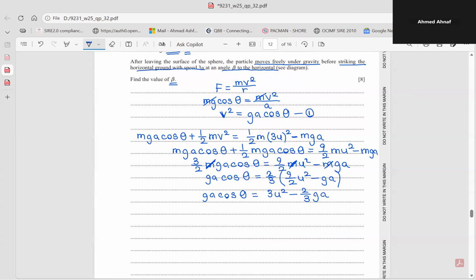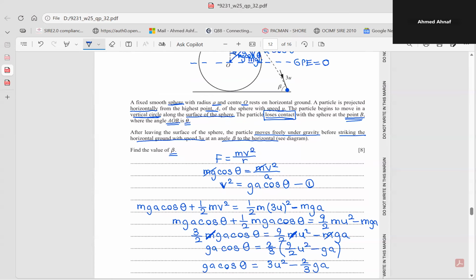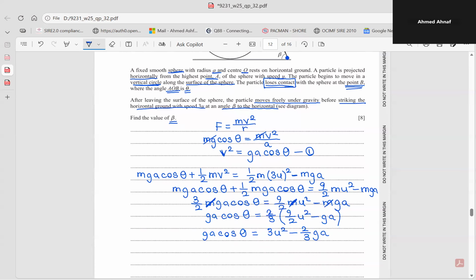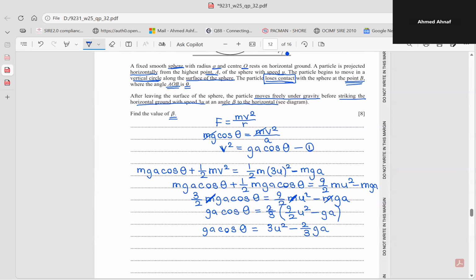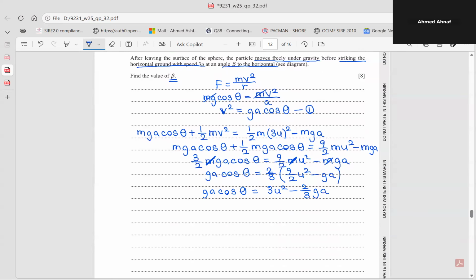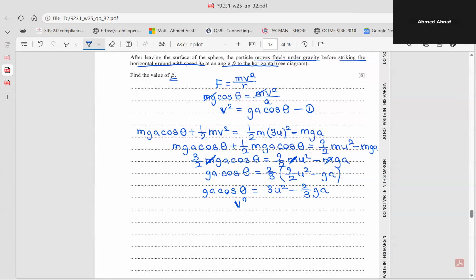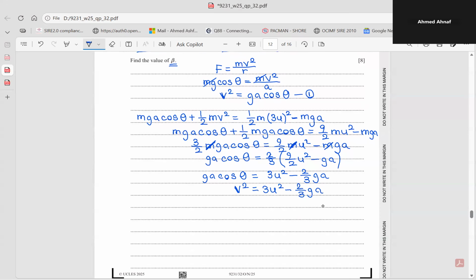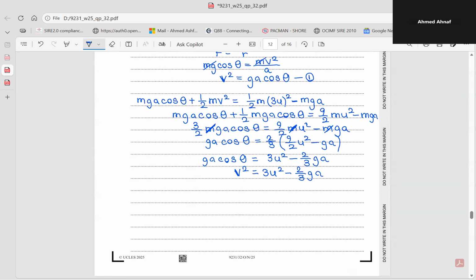So therefore V squared, unfortunately we didn't get it. Now we have a new expression for V squared, which is just 3u squared minus 2 over 3 GA. So I guess it's the second equation.